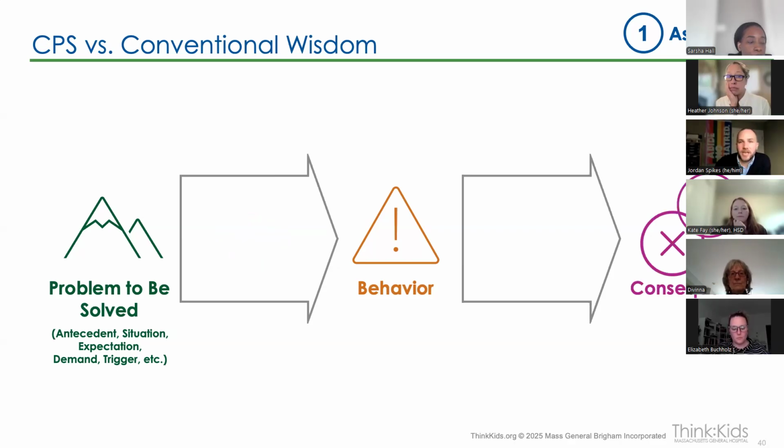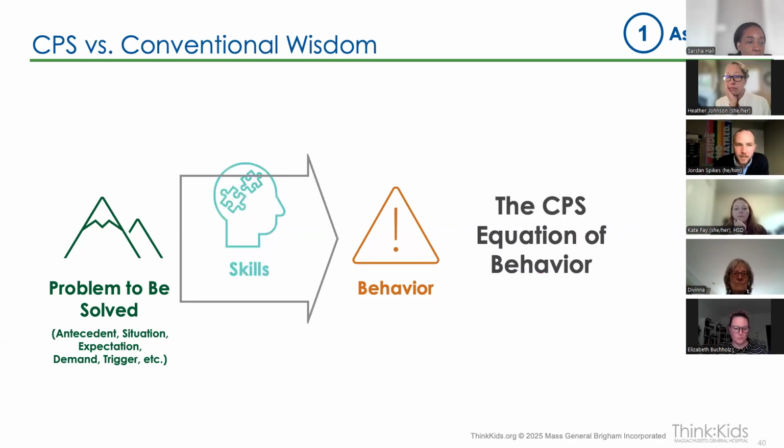But what we're saying for CPS is there's something else going on here, and it's a skill piece. And so that's what makes this equation of behavior: behavior is the result of a problem happening in which people use the skills they have, and that results in the behavior.